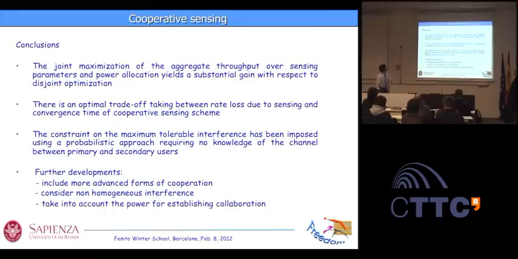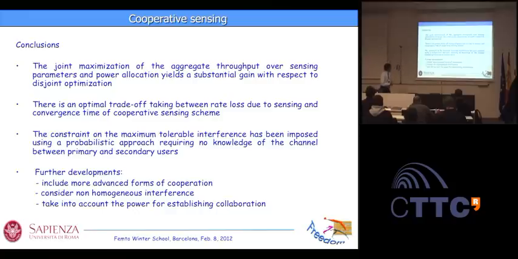Well, the conclusion for this first part is that, from our point of view, the joint optimization makes sense, and it can be handled without incredible complication or extra effort, because some of the parameters can be expressed in closed form, others not, but numerically speaking it's not a very difficult problem.